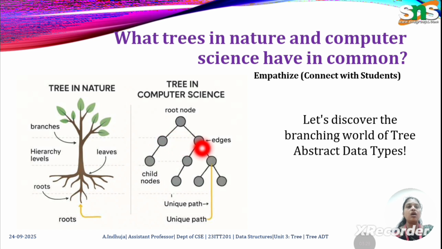So these two are called parents, and these are the child nodes of this parent. The nodes which don't have any child nodes are called leaf nodes. Each and every node is connected with edges in computer science. In the same way that we see a tree in our real-time environment, we follow the same components in the data structure tree also.